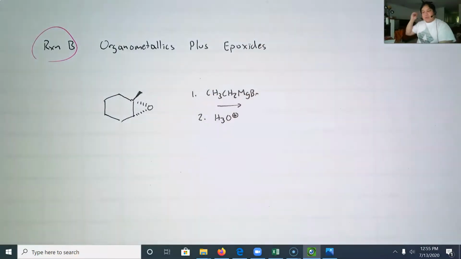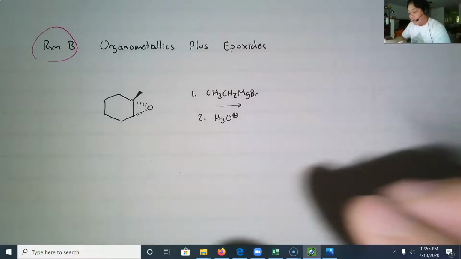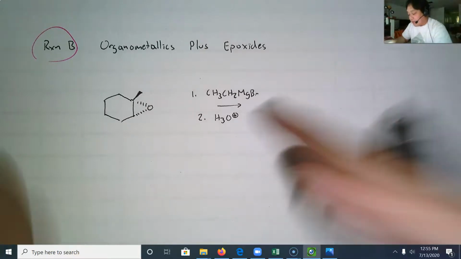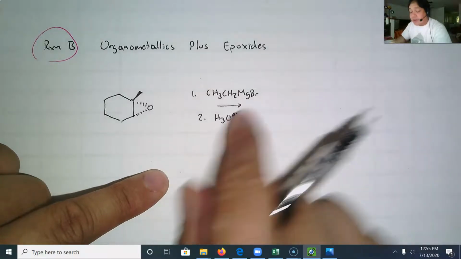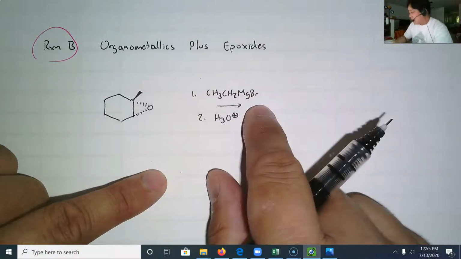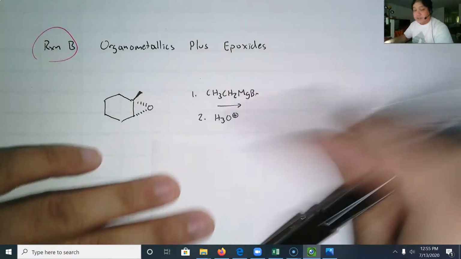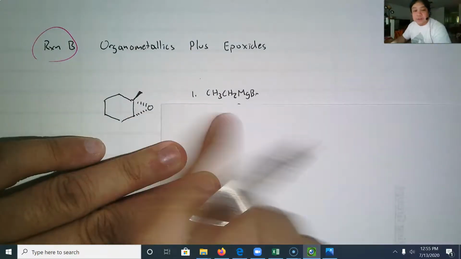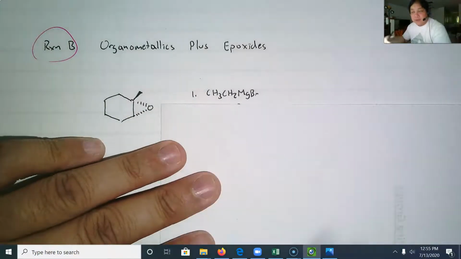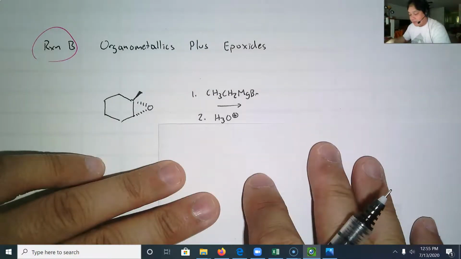You might say, wait, we have to pause, because I thought you said that we can't have any acidic protons when we use a Grignard. The thing is, you know what 1 and 2 means. 1 and 2 means that you react the starting material with the first reagent, purify the intermediate, and then do the second reaction.